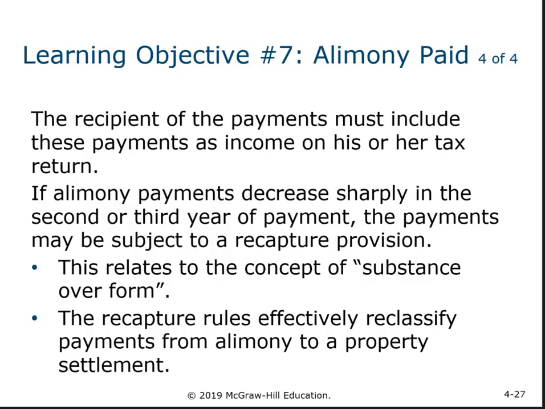Now, if there are some shenanigans going on where the payments are higher in the first year and much lower in the second or third year, then the IRS can disallow it as alimony and say it was a property settlement, because look how much extra cash was given right after the divorce compared to subsequent years. So this is only going to come into play if there's a substantial difference in the alimony paid over the years. If it's the same amount, you don't have that issue, and that's most of the time the case.